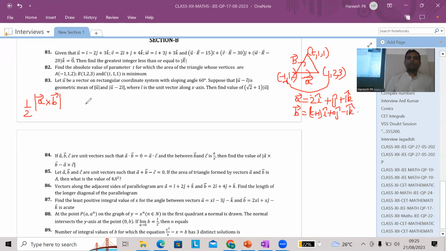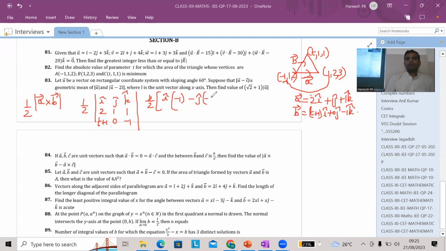So now the determinant of A cross B, we write the determinant with i j k, then 2 1 1, 1 t plus 1 0. So when you expand, you will get i cap into the first cofactor. So then what do we get? i cap into minus 1. Then minus j cap into minus 2 minus (t plus 1).